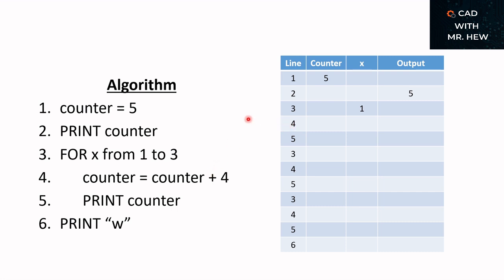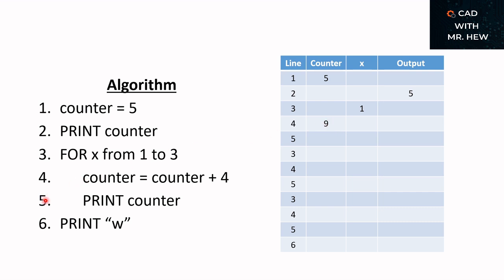So can you guess what we'll have for line 4 on our trace table? The last value for counter was 5. Here's a 5 on the counter. Then we're going to add 4 to the counter. The last value in the counter was 5, so you're going to get 9. So this is where this 9 came from.